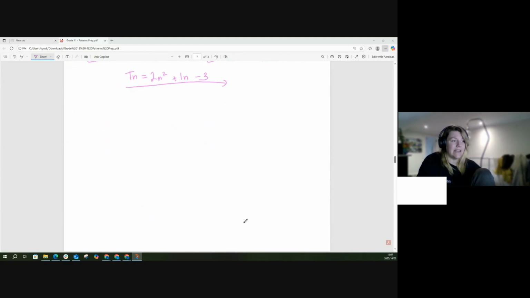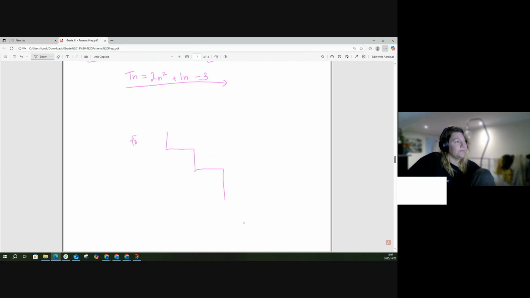What I'm about to write next, you do need to remember. So I like to think of it as steps like this. So we have first term, first difference, and then second difference.